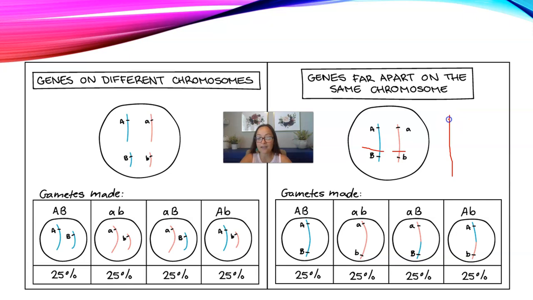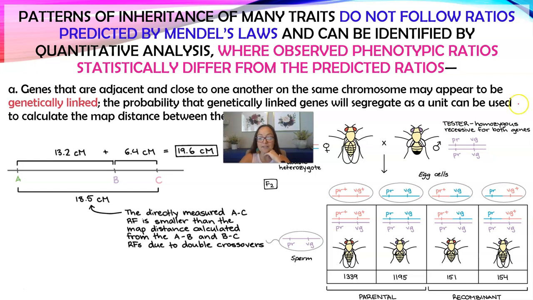Linked would be something like this. If you had the recessive A allele here, and then really close by, the B allele, the chance of crossing over, separating those, is calculated based on recombinant offspring. Here, if these traits on these flies were on separate chromosomes, the likelihood of each of these phenotypes would be equal, 25%, 25%, 25%, 25%.